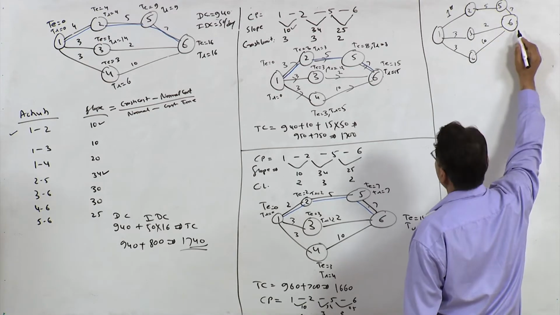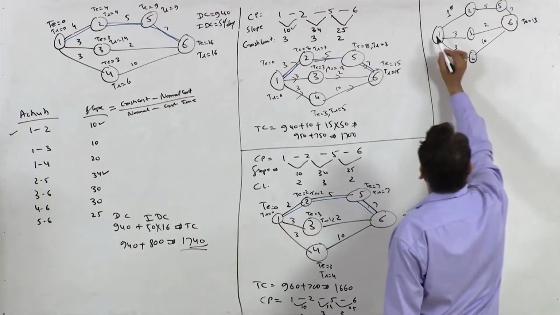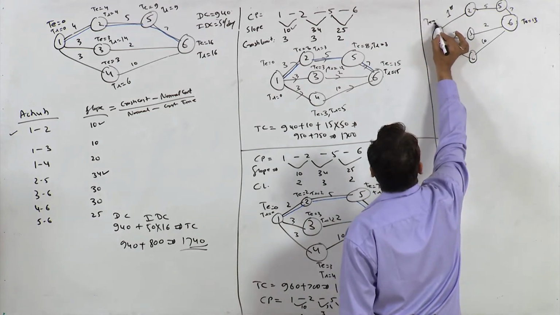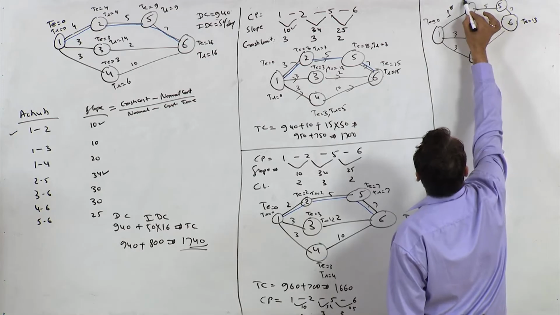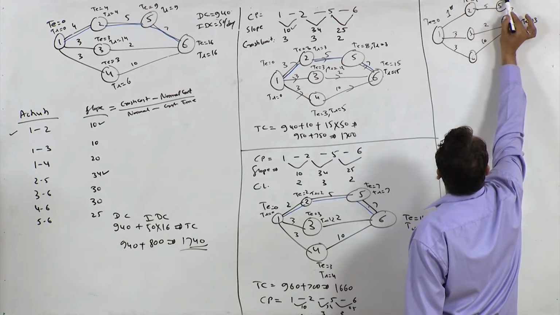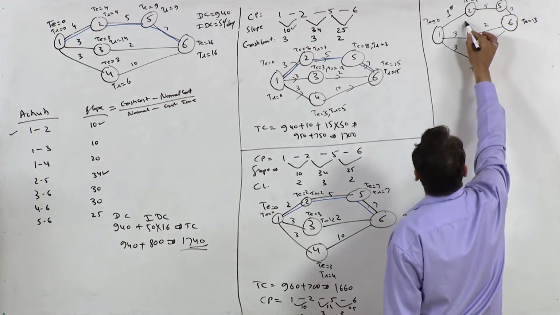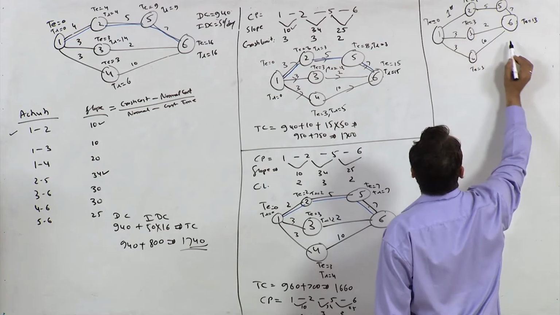This is 7. So T would be 13. So TE at this point is 0, TE here is 1, TE here is 6, TE here is 3, TE here is 3.